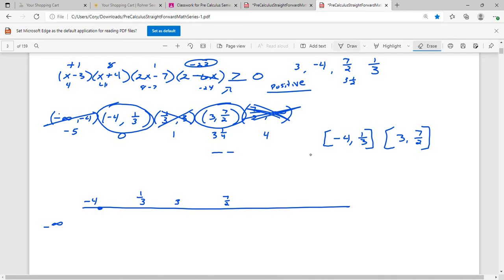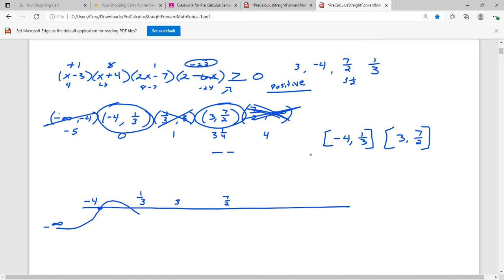Okay. So if my line went like that. Okay, so this one's negative infinity to negative 4. That's that interval. And then negative 4 to 1/3 would be that interval. And then 1/3 to 3 would be that interval.